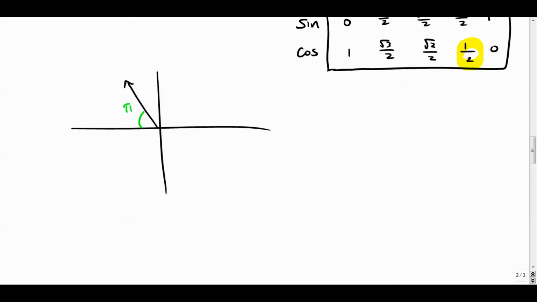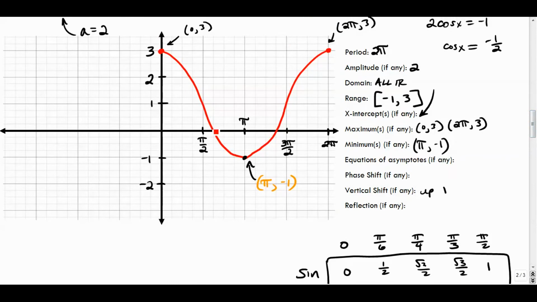So if that's the reference angle, the actual angle, the second quadrant angle, is going to be 180 minus that, or π minus that. So π minus π/3. Well, that's 2π/3. So there's my first answer. This dot right here is 2π/3.